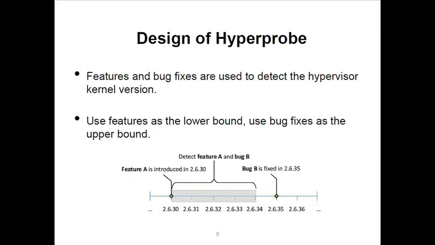If we can detect that both feature A and bug B exist in the hypervisor, then we can claim that the underlying hypervisor kernel version is between 2.6.30 and 2.6.34, because only if the hypervisor kernel version is between these versions can we detect both feature A and bug B.